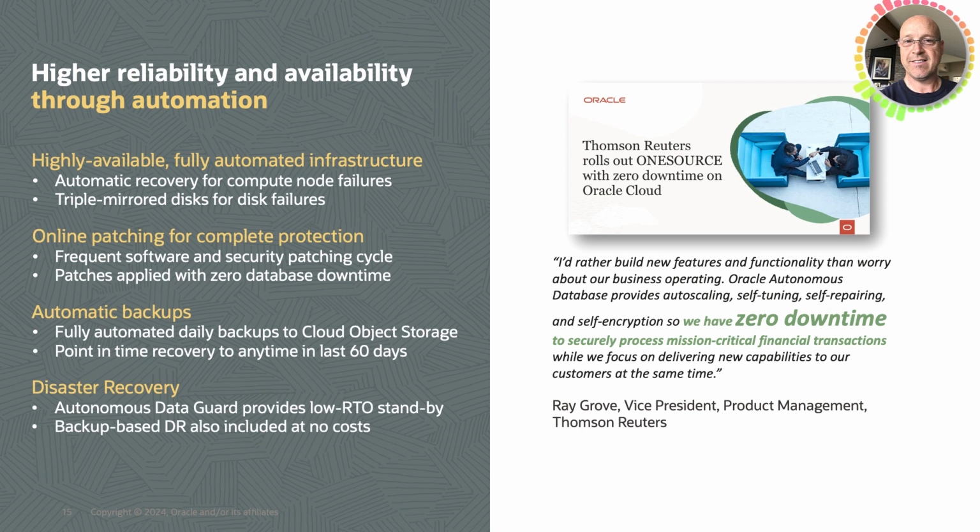And that's through automation. I know that everybody's talking about AI these days, right? It's the hottest thing. But actually, we've been talking about AI from a database perspective for almost 10 years now, right? And we've been out with Autonomous Database for a very long time. That automation that we've been building into the service is driving more high availability, online operations and patching, backup automation, DR, all of that stuff is basically being driven through automation layers.